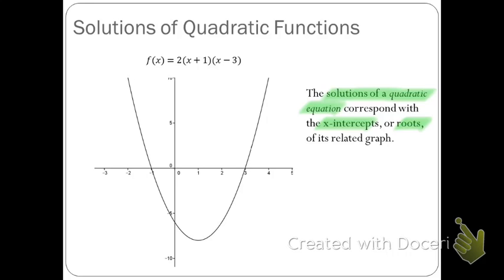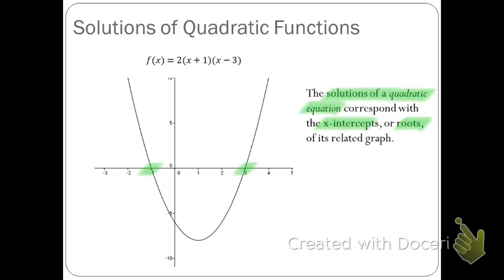Every time you're trying to solve a quadratic equation, you're trying to find the value of x that makes y equal to 0. Another way of saying it is, where would the related graph of that equation cross the x-axis?